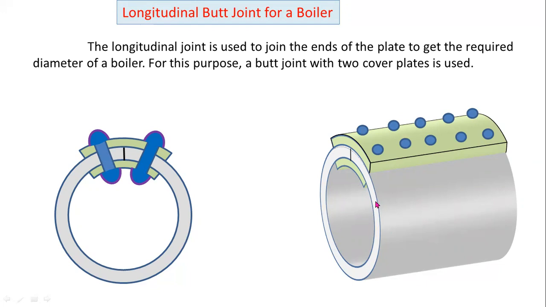This is the longitudinal butt joint. This is the butt. Along the length of the boiler, we are riveting to join the butt, to join the ends of the boiler plate.